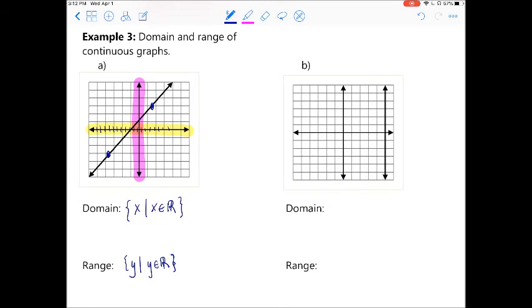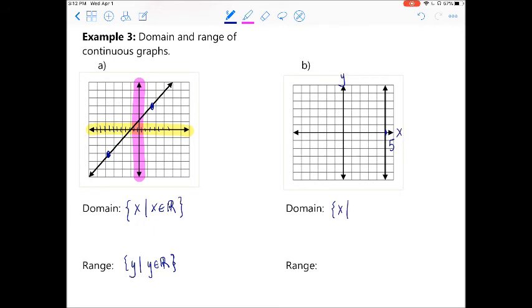For part B, the domain in this case is a bit special. Notice that the x value for this, and this is y, the x value here is 5. Are there any other x values we can choose other than 5? No, there isn't any.